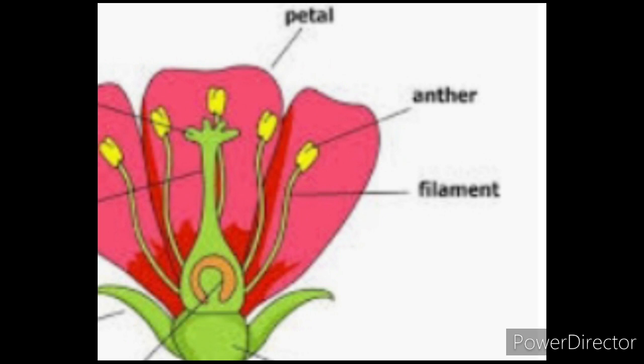The first one is a long structure, the filament, and in the tip region it is called the anther. One side of the filament is attached to the thalamus or the petal of the flower. The other end is attached to the anther.